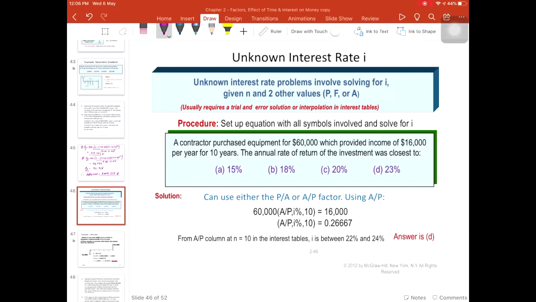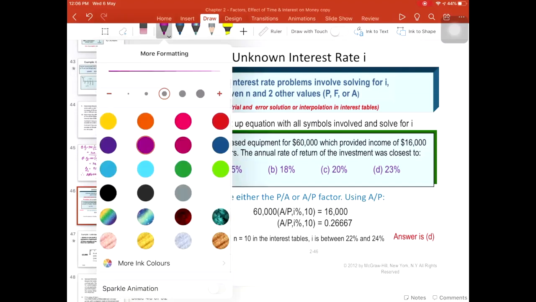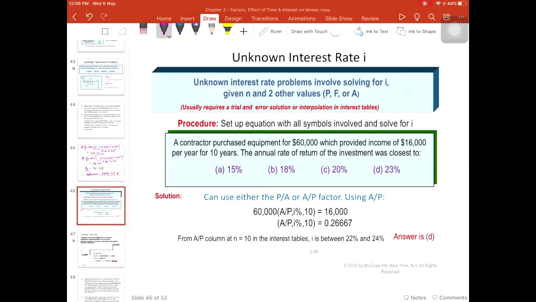Okay, so the problem is after you get the answer, the A/P, from this number, 0.1667, you have to go to the tables, find the A/P column at N equals 10 on every page.